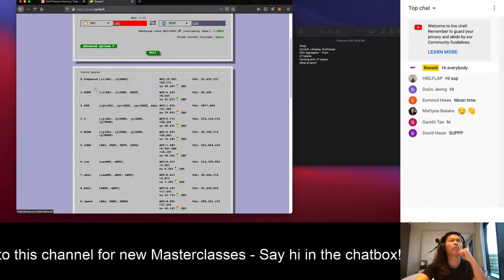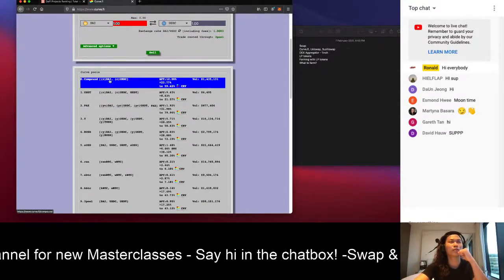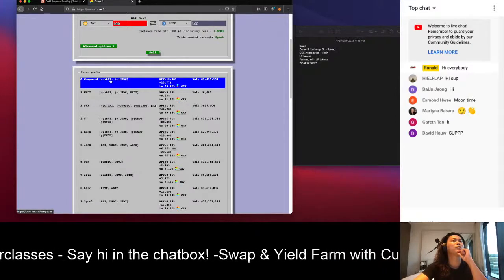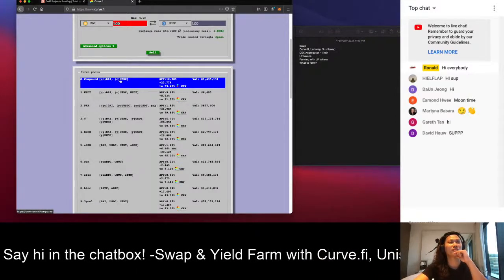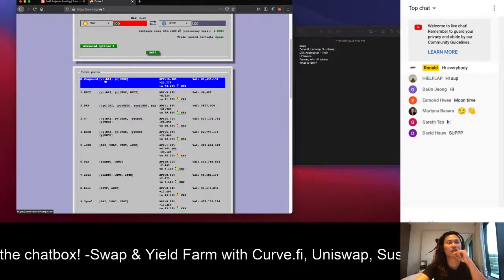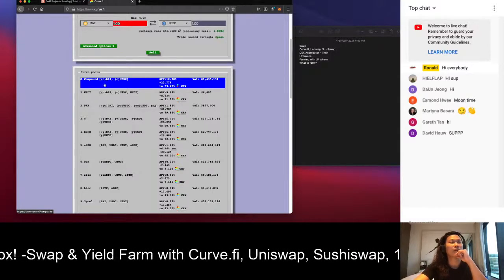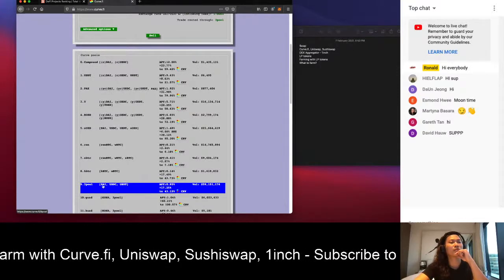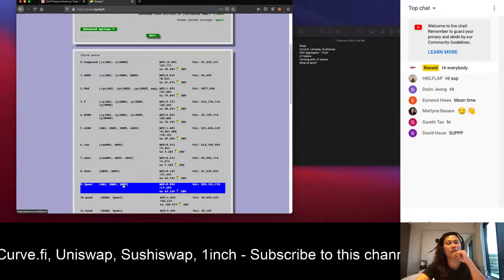For example, pool number 0 is with compound DAI and compound USDC. The C is compound. Or for example, 3pool, which is one of the most famous ones, is between DAI, USDC, and USDT.